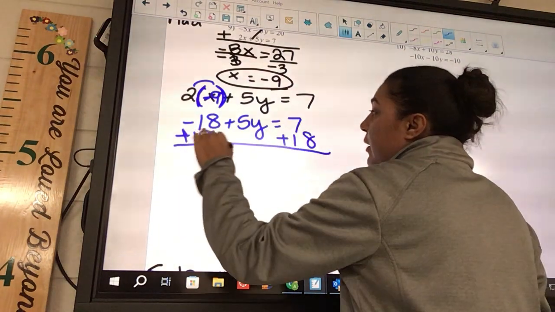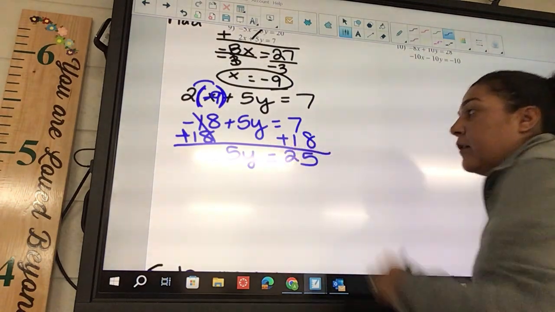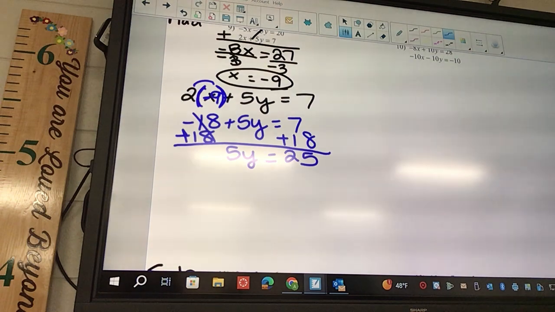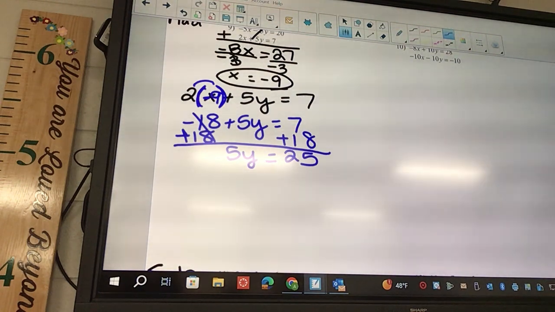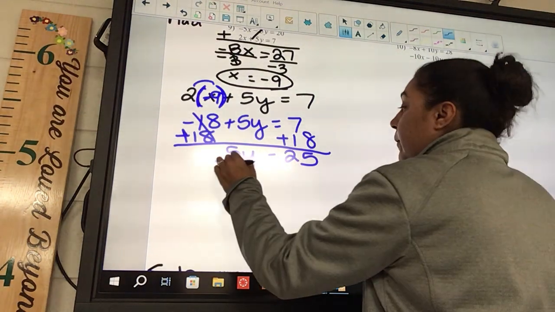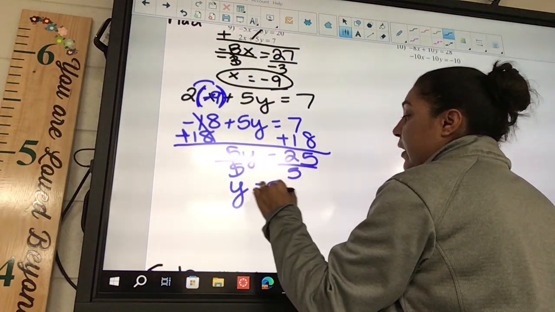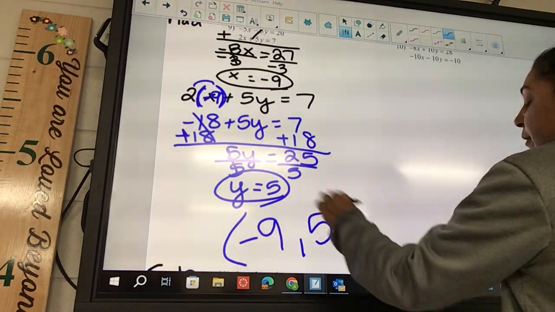What is 7 plus 18? 25. Is it 25? Then what needs done? Divide by 5. And so I'm going to get y equals 5. And so my coordinate is going to be -9, comma 5.